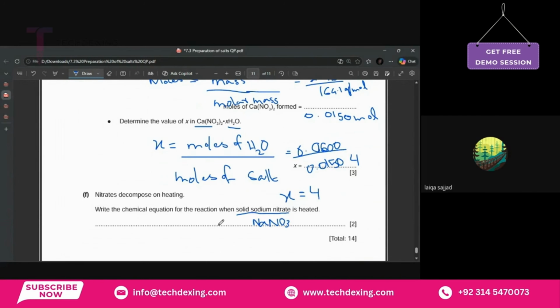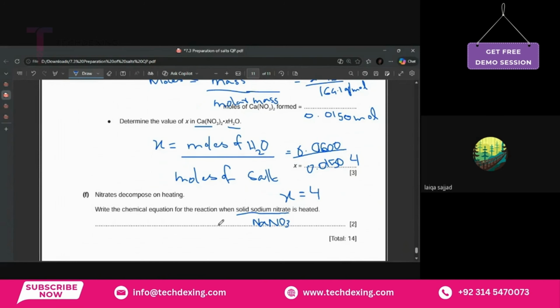What happens when solid sodium nitrate is heated? It breaks down, so the nitrate ion will lose oxygen. Yes, very good.